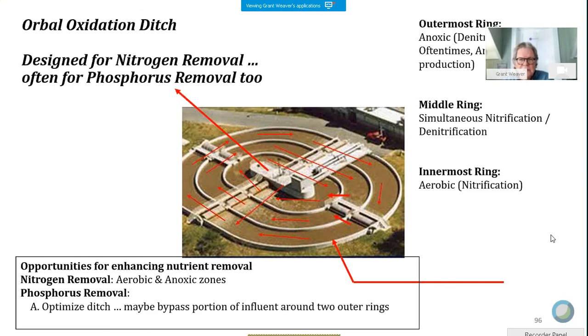And for phosphorus removal, what they found in Athens Ustinala was it got terrible phosphorus removal in the summer. There was so little BOD getting into that inner ring that it's hard to imagine that there was enough to support the growth of bacteria.